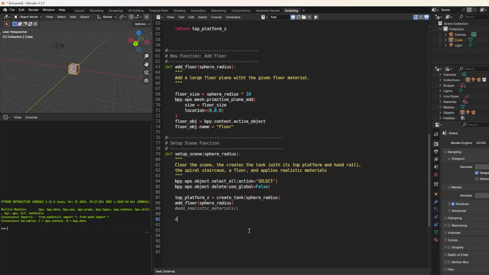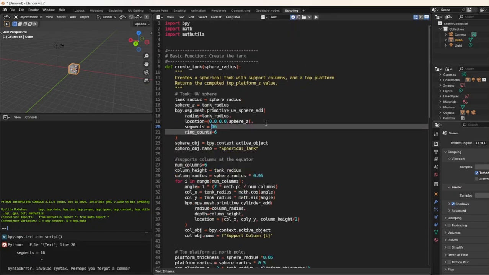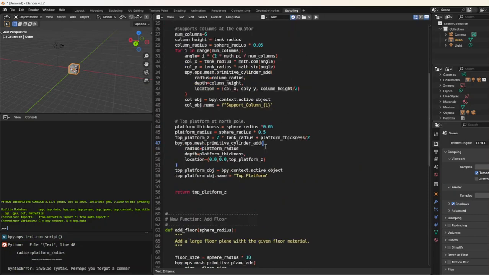Now, let's run the code. Setup scene, sphere radius is 2.1. Okay, now it's going to yell at me because of some typos.